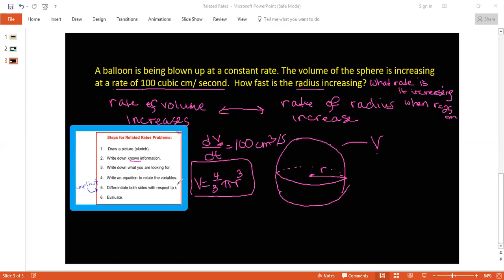So I'm going to go ahead and say dV/dt is going to be the derivative with respect to r of 4/3 pi r cubed, and then dr/dt.